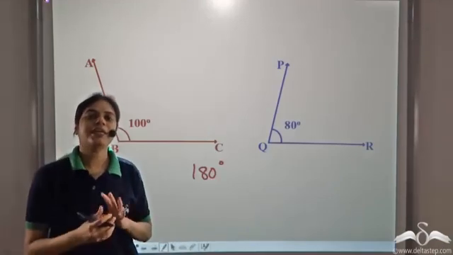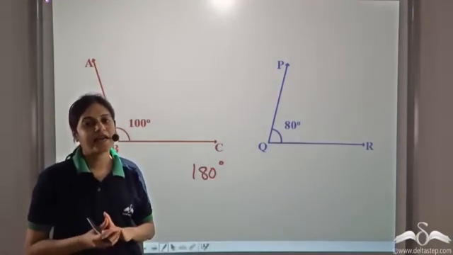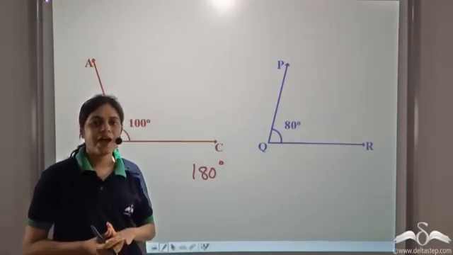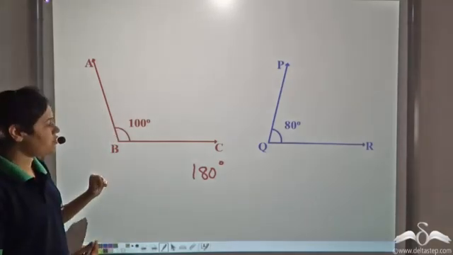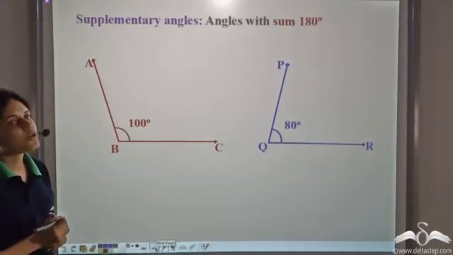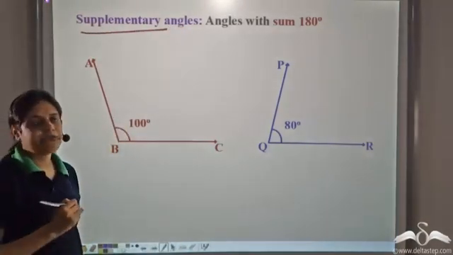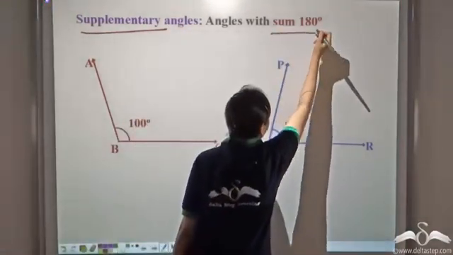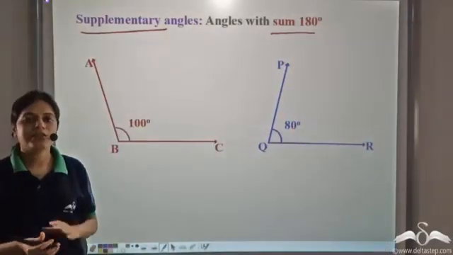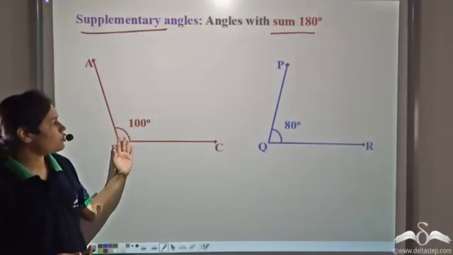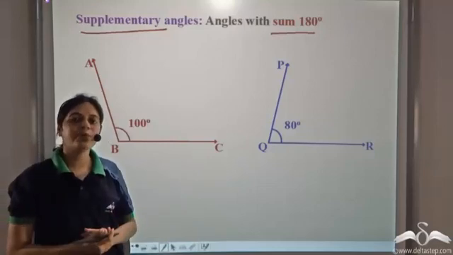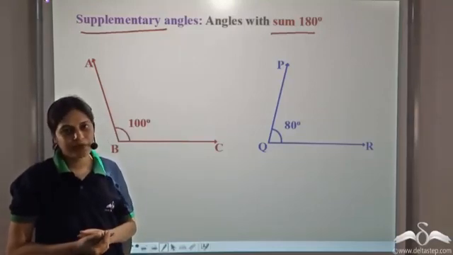So we see that each pair of angles adds up to 180 degrees, and there is a special name for such angles. They are called supplementary angles. So angles with sum equal to 180 degrees are called supplementary angles. So these two angles which add up to 180 degrees are supplementary.